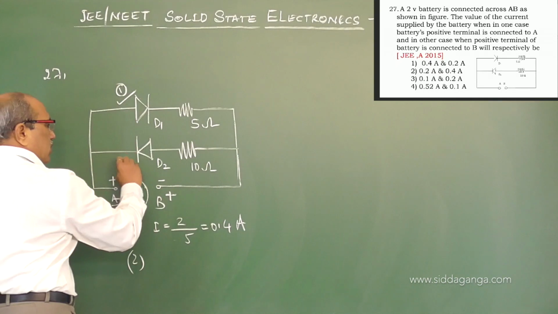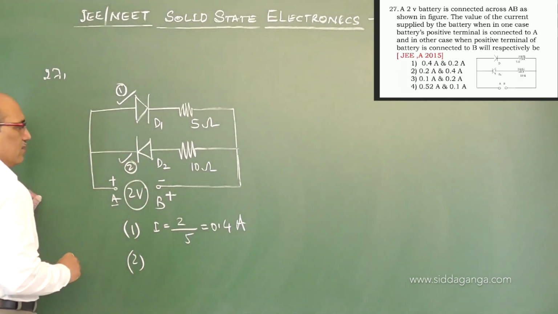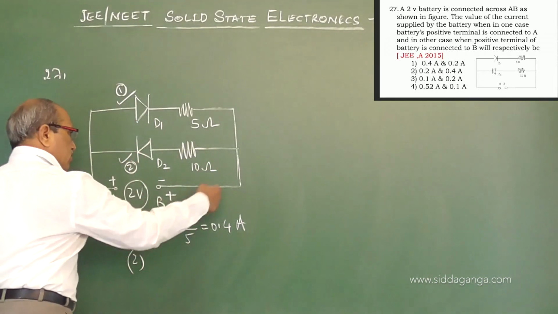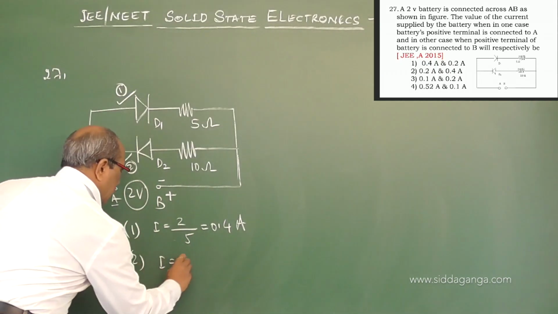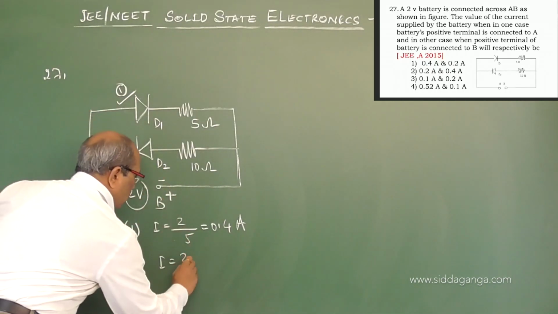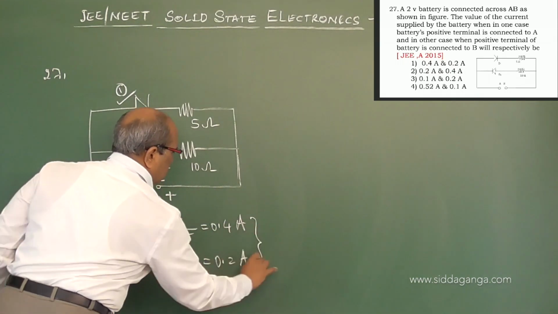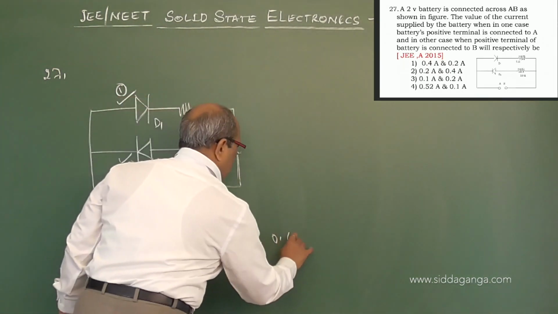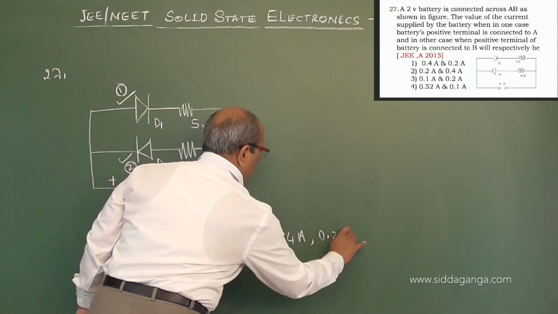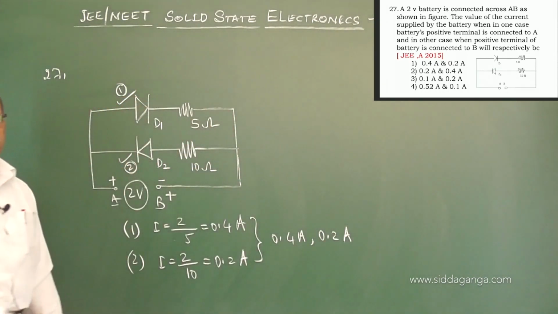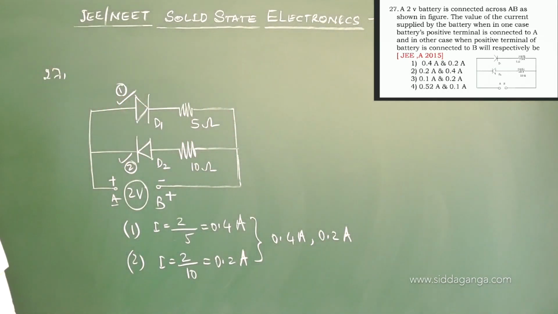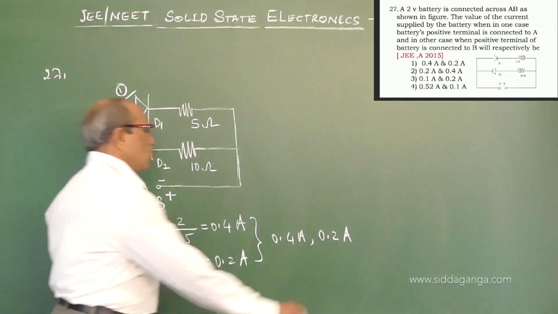This becomes reverse biased and this conducts the current because it is forward biased. So again voltage 2 by resistance becomes 0.2 ampere. Hence the answer is 0.4 ampere and 0.2 ampere, option number 1.